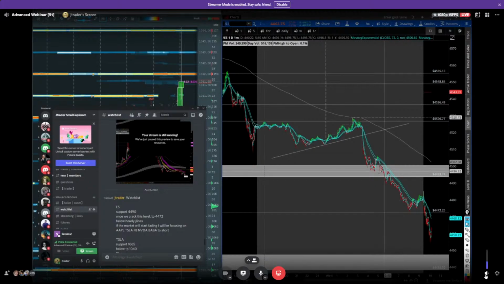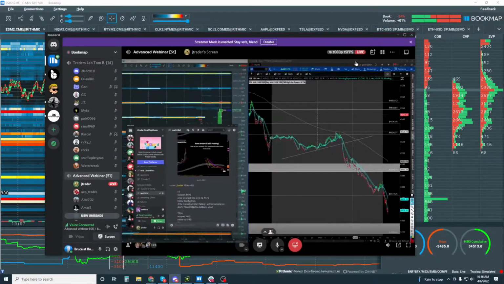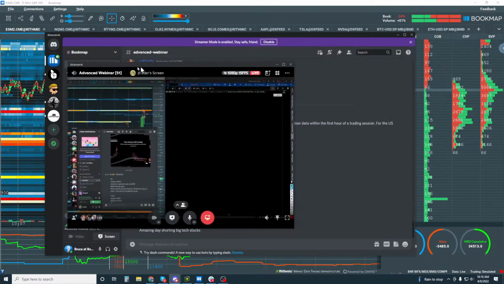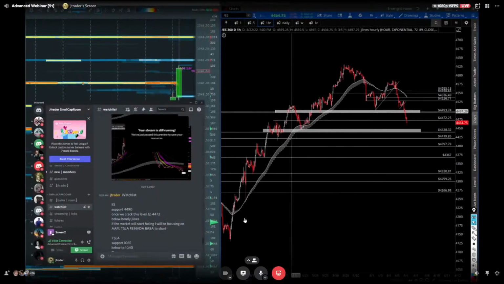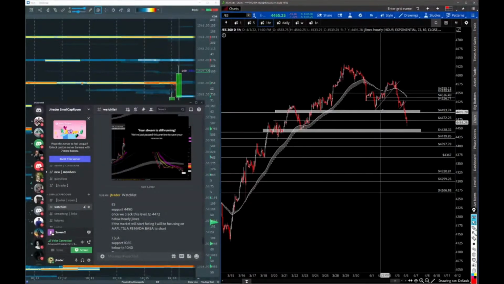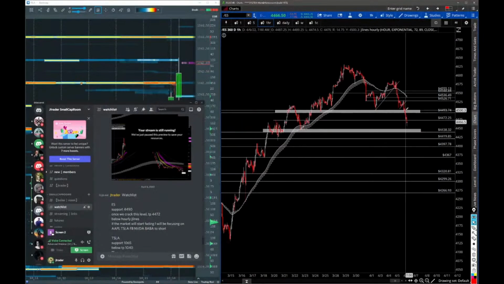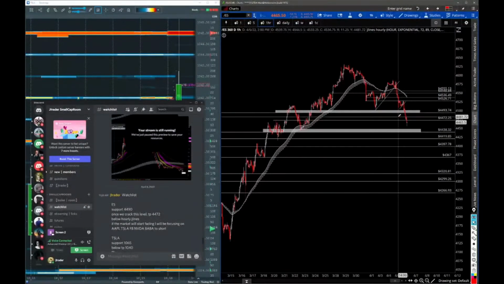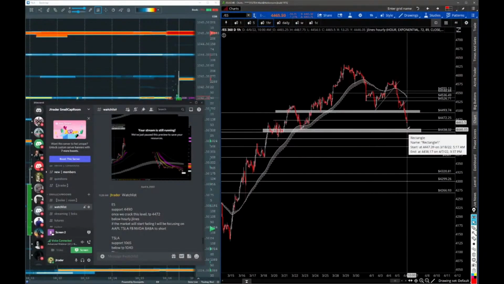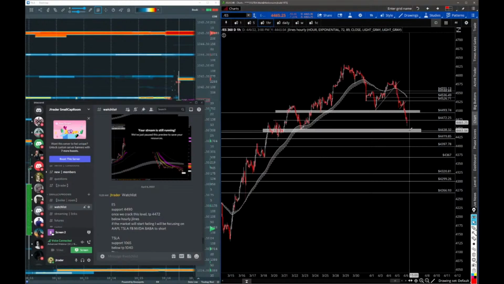So I was looking at this main level of demand, now level of supply, basically because on the hourly, you can see that we had dips over here, then we had a dip over here, and then we had this level. This was 45,000, okay? 4,500.